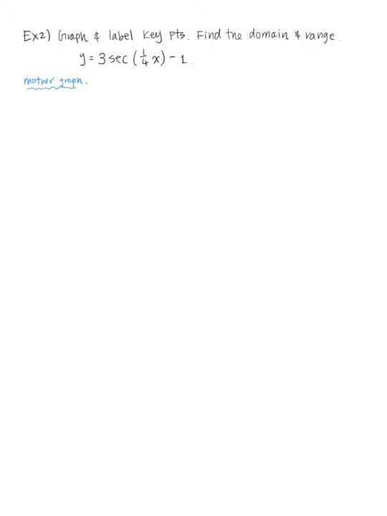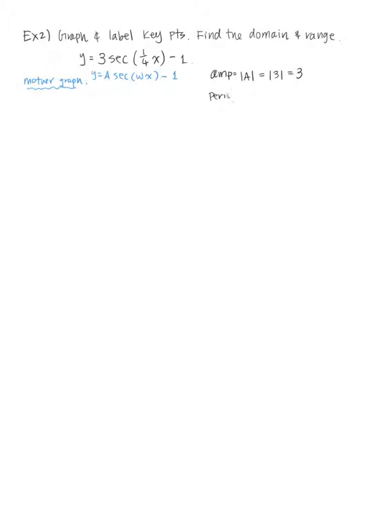Amplitude is the absolute value of a. This is of the form y equals a secant of omega x, and then we're going to shift the graph downward by 1 unit at the very end. So the amplitude is the absolute value of 3, which is 3.